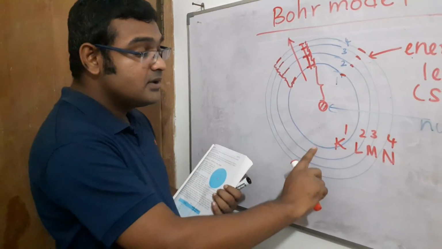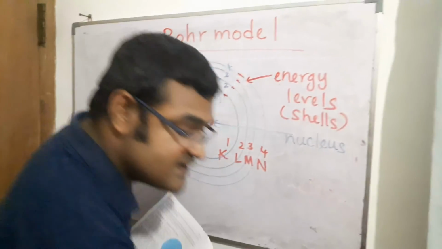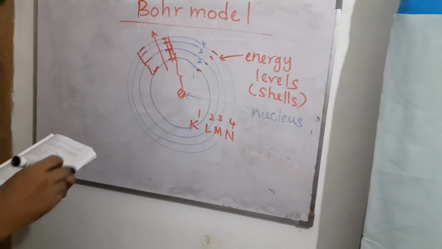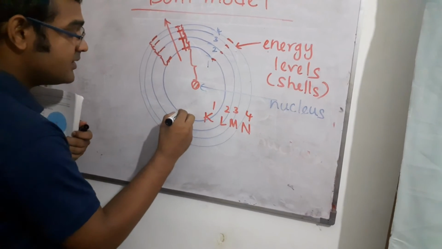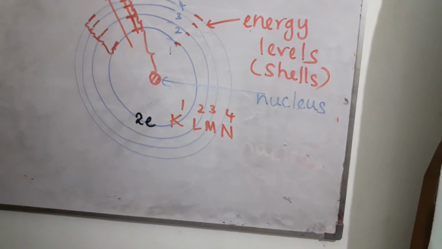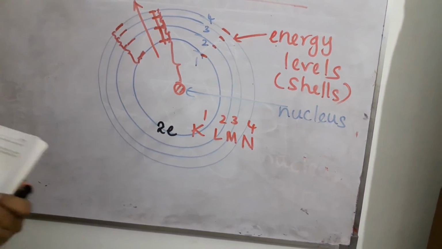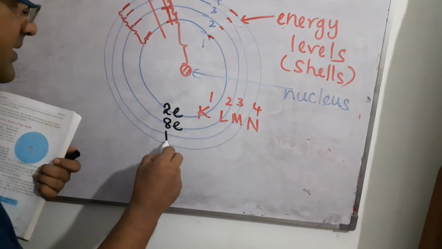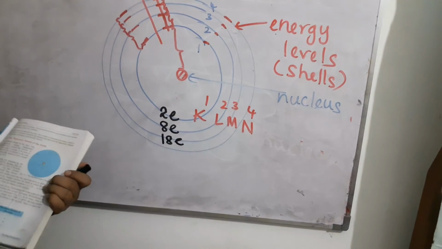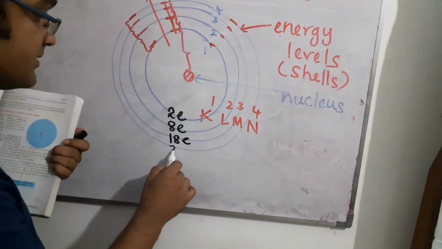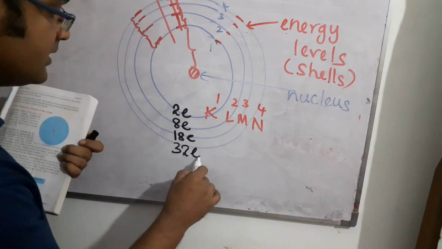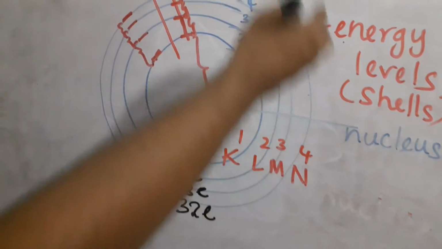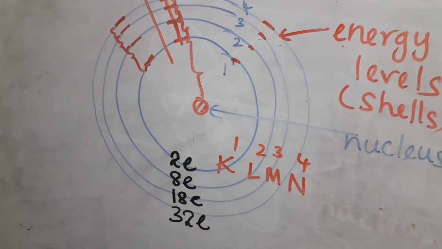And also there is a specific number of electrons which can be filled to each level. For the first level, 2 electrons. For the second level, 8 electrons. Third, 18 electrons. Fourth, 32 electrons. So this model is the current model and it is very important.